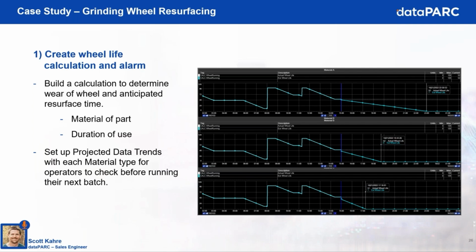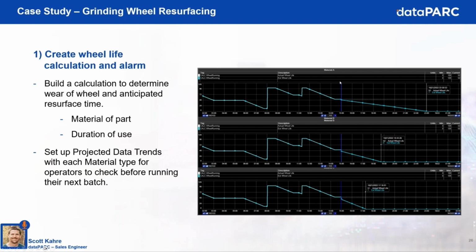The other thing that's useful here is the projected data. So in DataPark, there's the ability to turn on projections for trends. And what that does is use some simple algorithms to project the average recent slope of the variable out into the future. So this blue vertical line here would indicate current time on this trend.